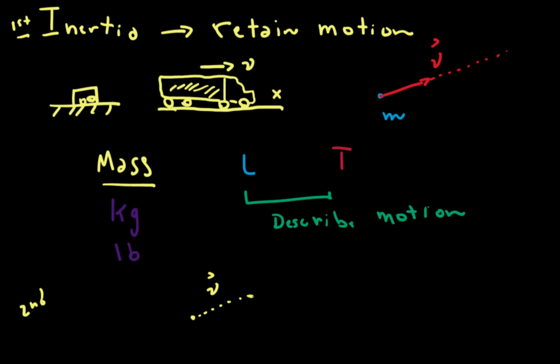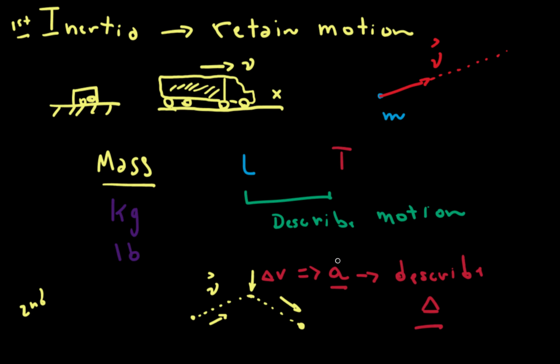And then if something happens to it, and now it has a velocity this way, at this point there was a change in that velocity, implying an acceleration. So we're borrowing the concept of acceleration to describe a change. So this describes a change in the motion state of an object.